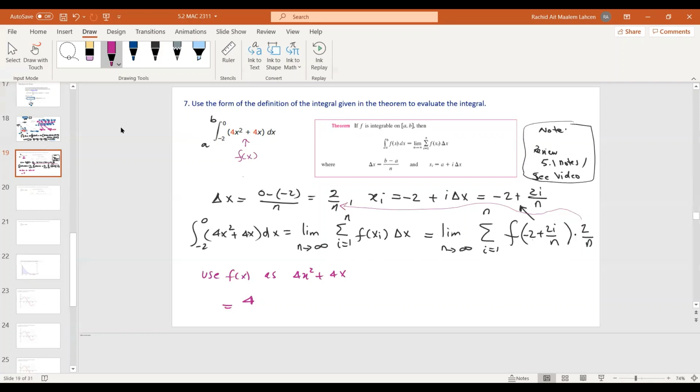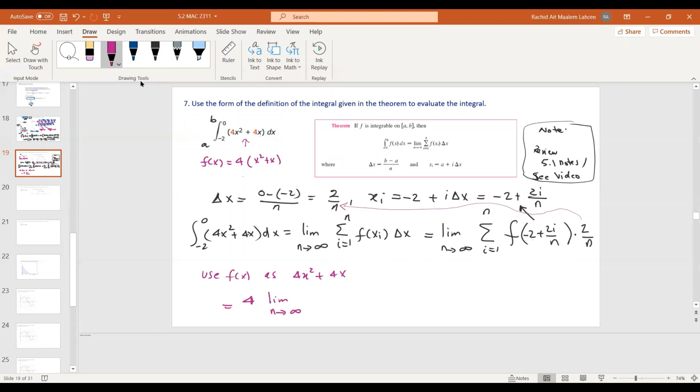We can take the 4 outside because we have a 4, so this can be factored. Let's show it here: f of x is 4 times x squared plus x, right? So with one property of the summations, you can take the 4 outside, which we did in 5.1. So let's take the 4 outside.